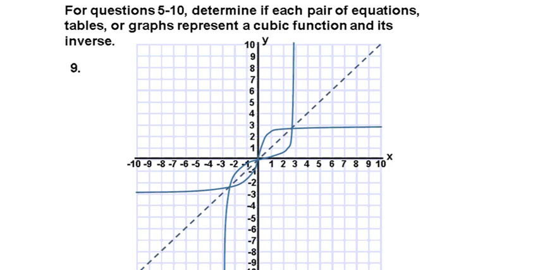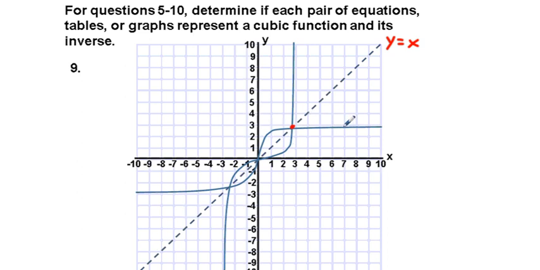Next, 9. This time looking at a graph. Determine if each pair of equations, tables, or graphs represent a cubic function and its inverse. And what you're looking for is x's become y's and y's become x's. So the way to do this is you look for key points. Well, you're seeing if you graphically are reflecting about the line y equals x.